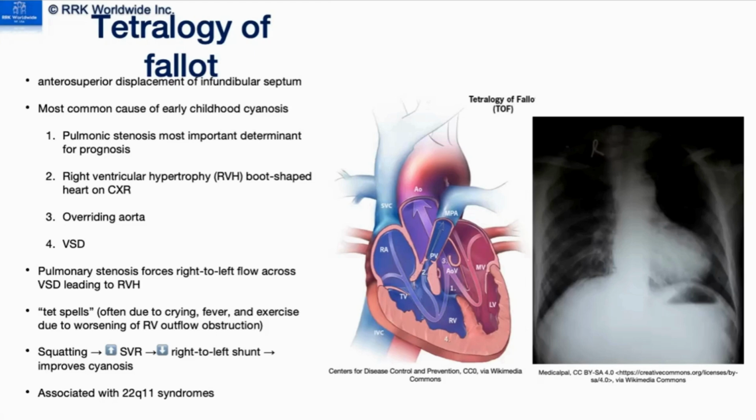Pulmonic stenosis is obviously going to be the most important determinant for prognosis, and they love going after that point also. So they tell you that there's pulmonic stenosis. That's one of the things that this causes, one of the four things that make up Tetralogy of Fallot, right? But pulmonic stenosis is the most important prognostic factor, inversely related.